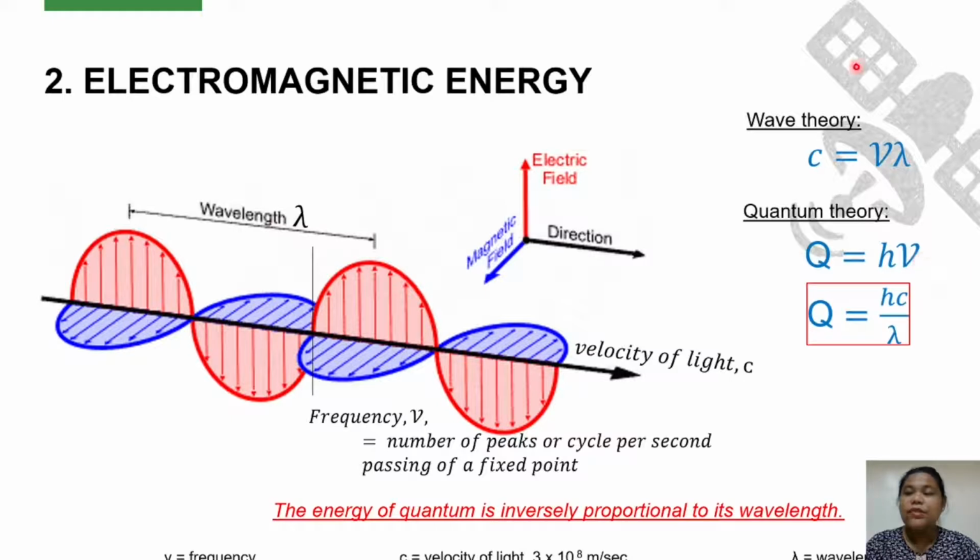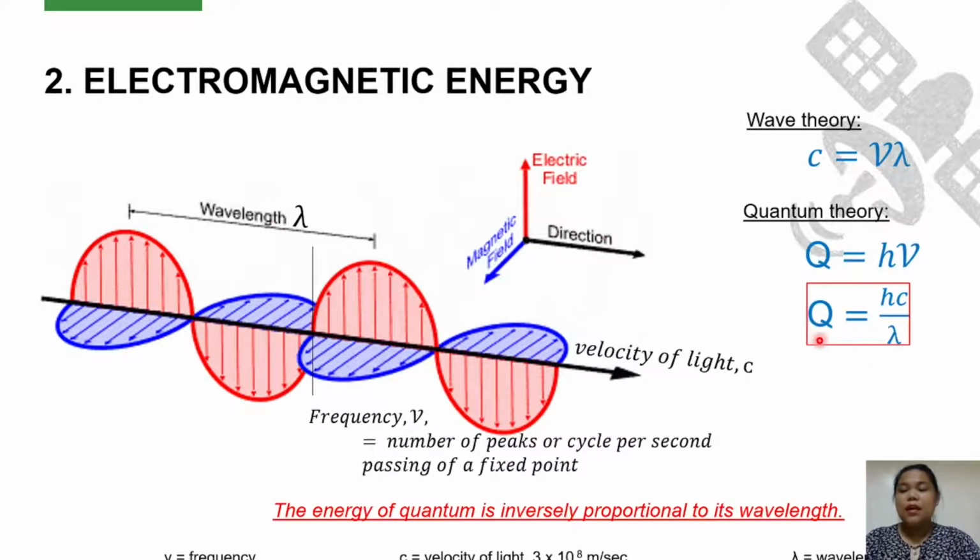Substituting the wave theory into the quantum theory equation, we can simplify the equation into Q equals HC over lambda. Meaning to say, the longer the wavelength, the lower is the energy content of the wave.